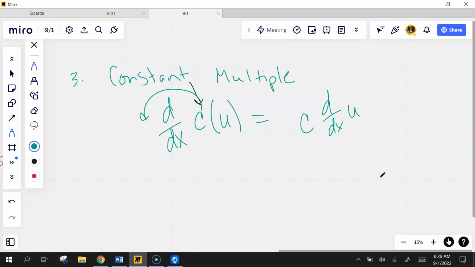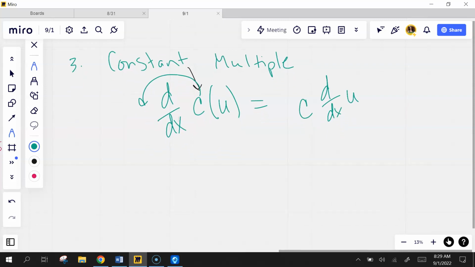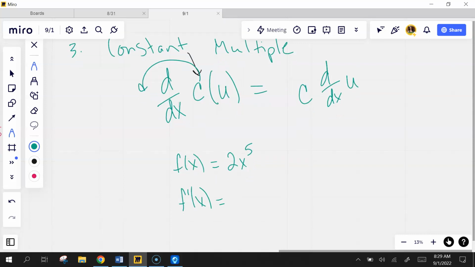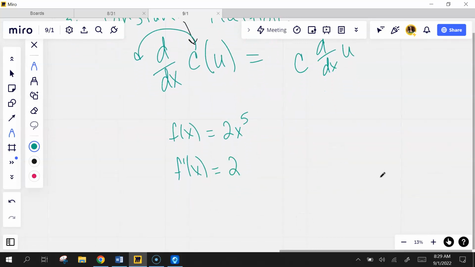This is really kind of wordy and weird looking when you do it like this, but it's saying if f of x is 2x to the fifth, and I want to find the derivative, well, that is just 2 times the derivative of x to the fifth, which is what? 5x to the fourth.